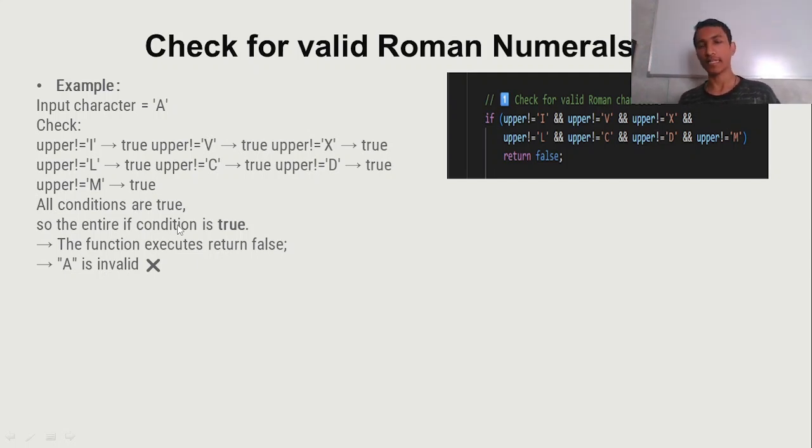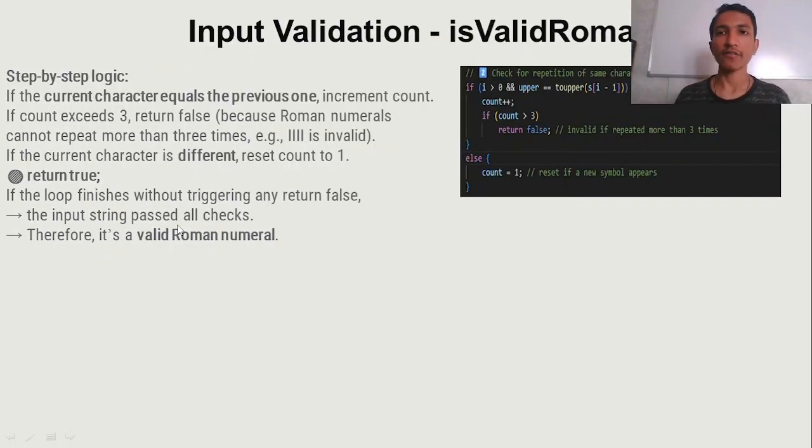Now we will check our second parameter, that is the check for repetition of the same character. We know that any character should not repeat more than 3 times. So we will check for this also.